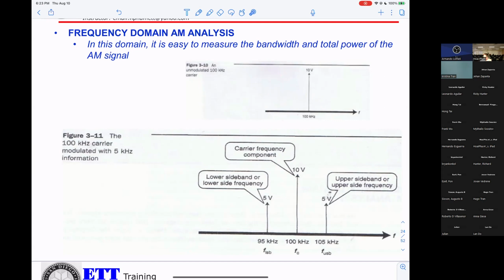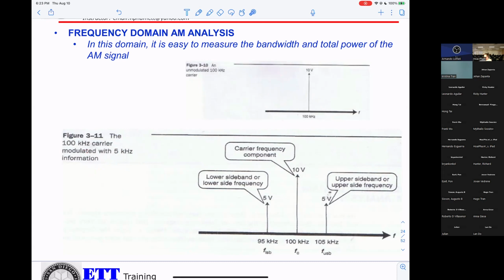Okay. A 100 kilohertz carrier modulated by 5 kilohertz information. That will be telling you your voice is 5 kilohertz. And they get a carrier of 100 kilohertz. Okay.